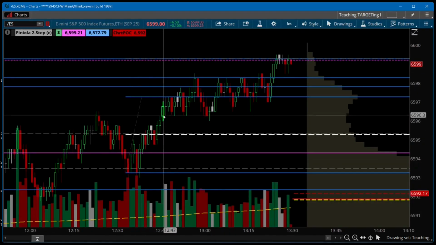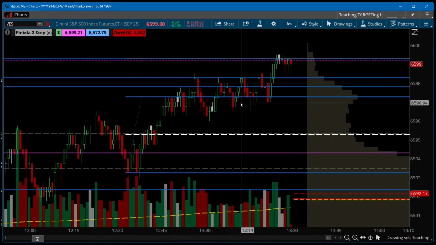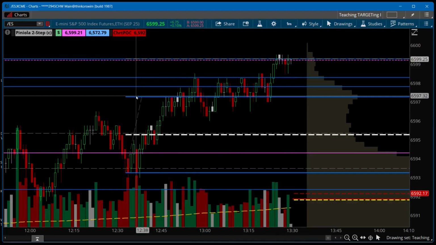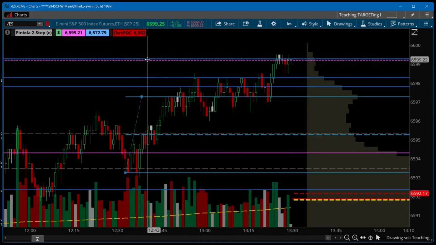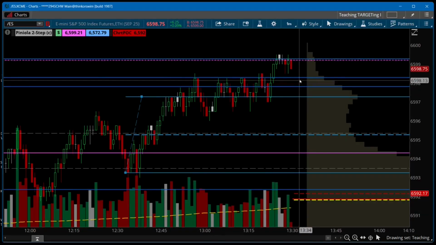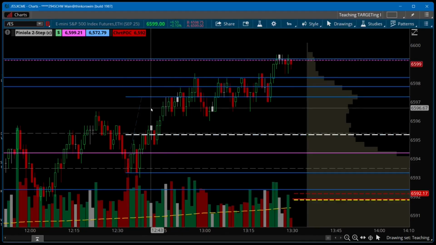But for this pattern right here, this is an S curve, a 2.0 S curve. So right now it's sitting at the 1.5. You may need to come back down into here before it goes.